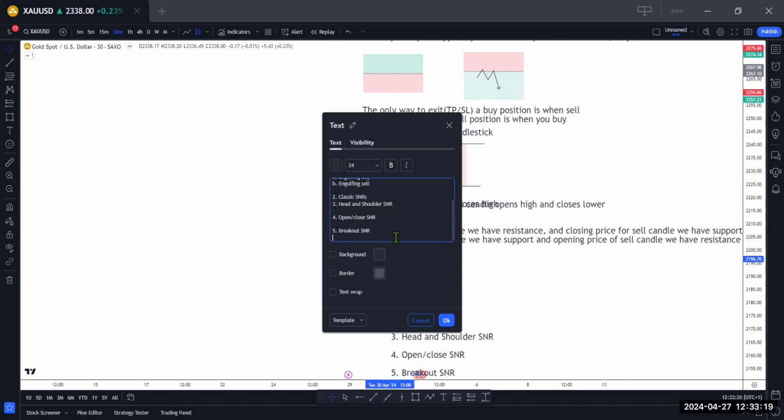For the breakout SNR, there are many types. We have engulfing fill, we have broken HMS, that's broken head and shoulders, and we have broken open and close levels.